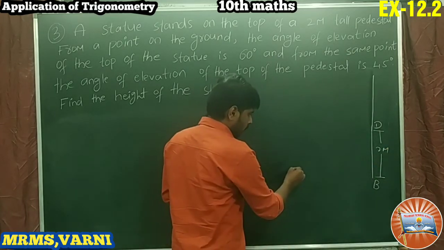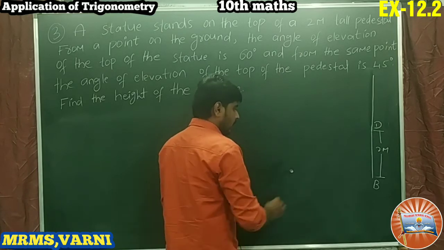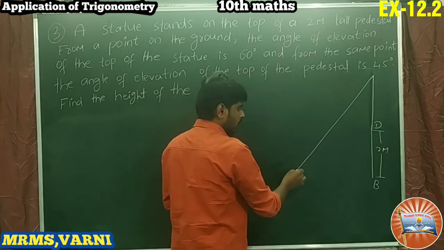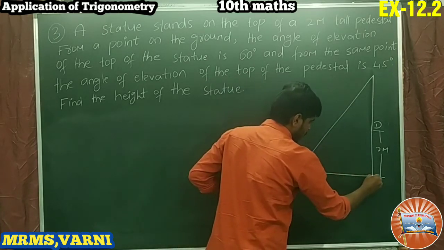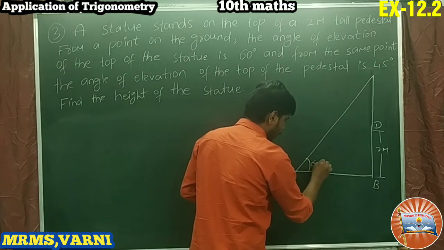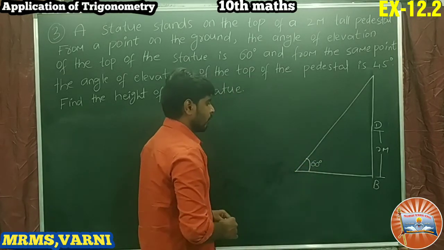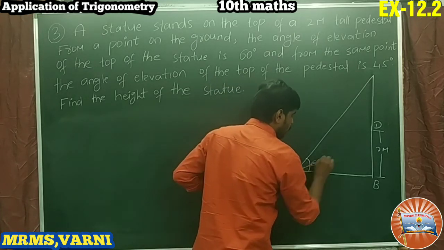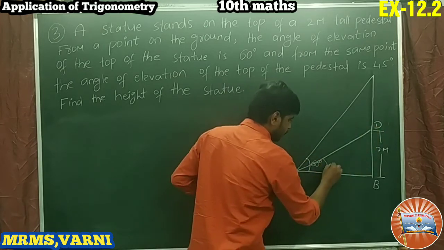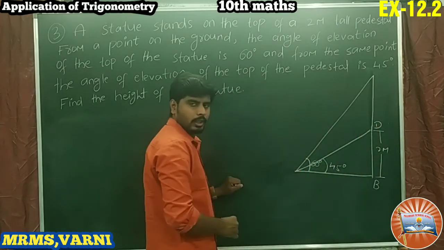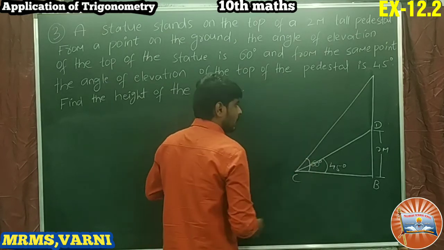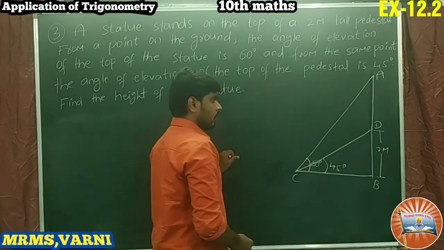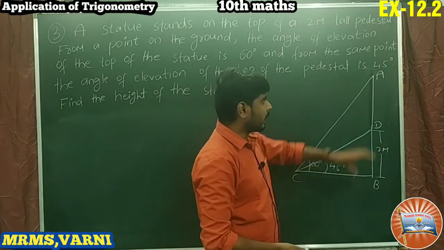From this point, the angle of elevation to the top of the statue is given as 60 degrees, and from the same point, the angle of elevation to the top of the pedestal is given as 45 degrees. This point is considered as C, and this is A, B, C, and this is D. So we have to find the height of the statue.